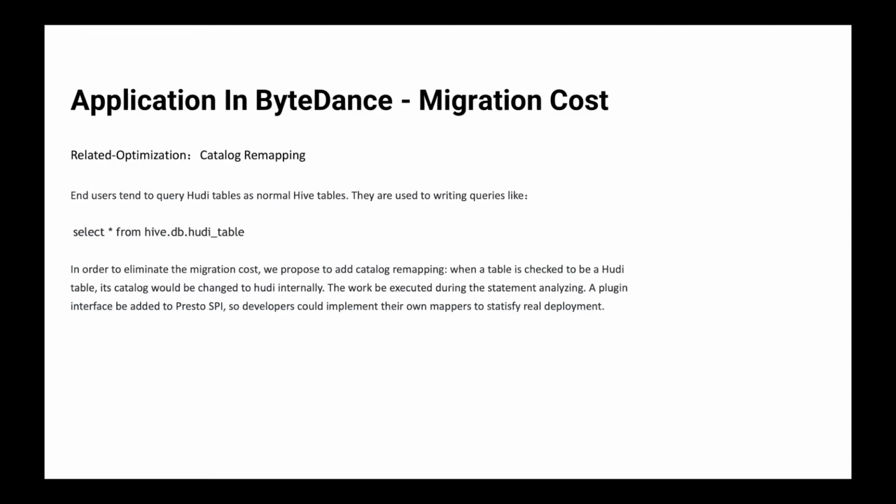Now they can write a query like selecting from the Hudi DB Hudi tables. We provide a plugin to the Presto API, so developers can implement their own mappers to satisfy real development needs.